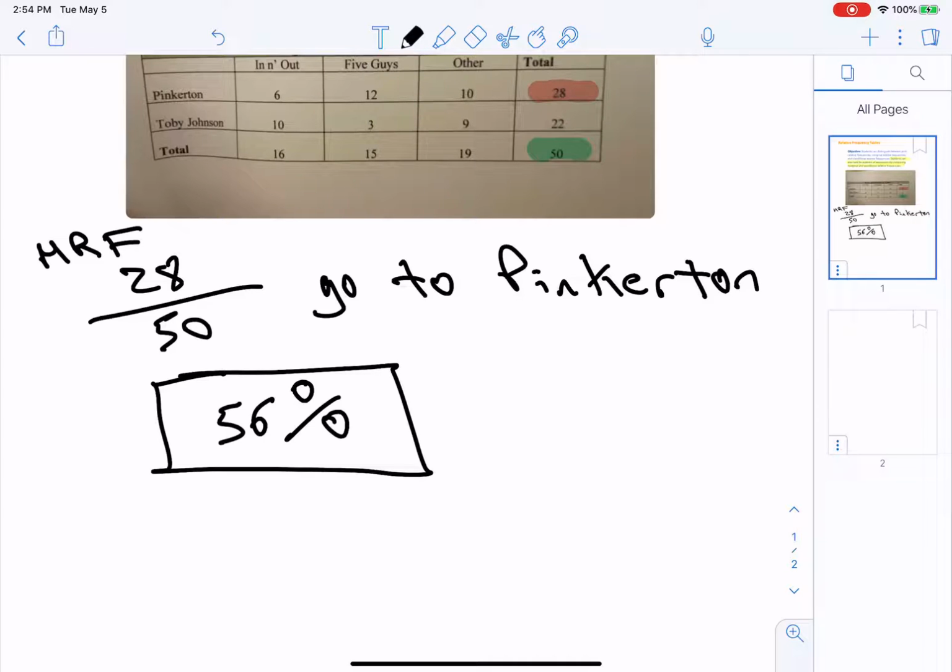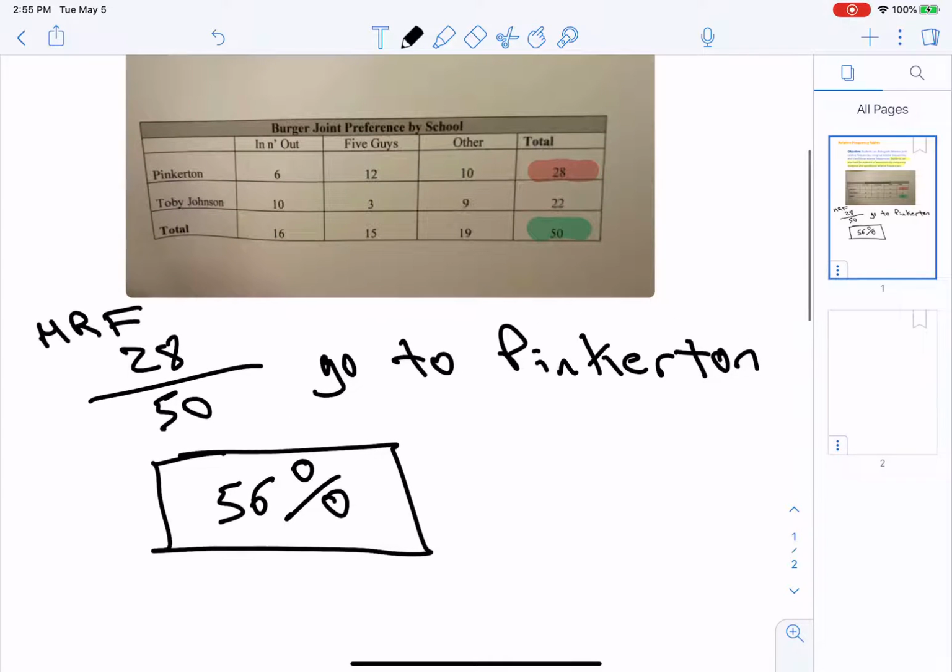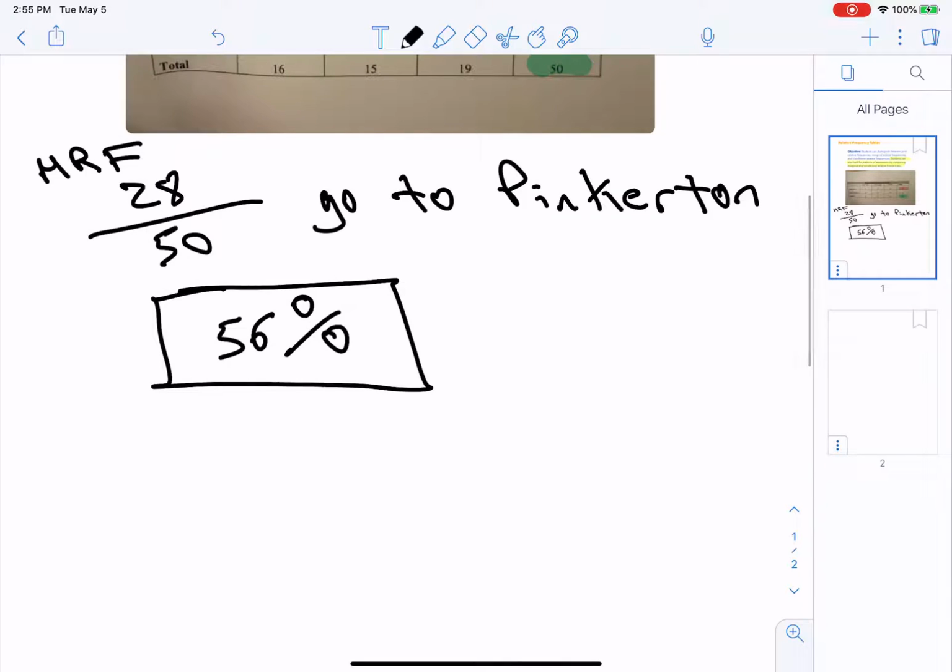And to find out whether there's an association between going to Pinkerton and, well, let's actually look at Five Guys, because this is a strong example. We want to look at, out of the people who preferred Five Guys, what percent went to Pinkerton, and compare that to the percent that went to Pinkerton out of the total population. Okay, so to do that, we need to look at a conditional relative frequency.